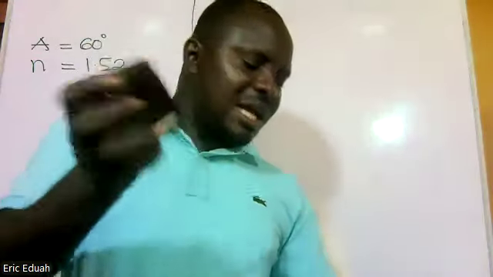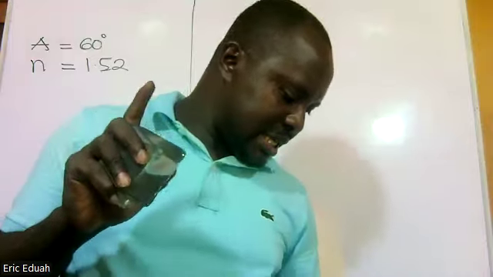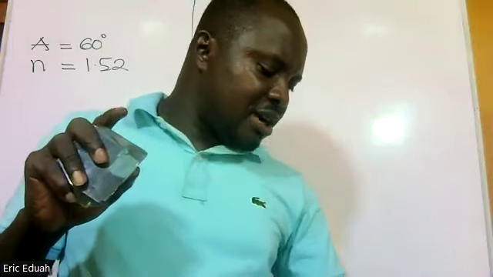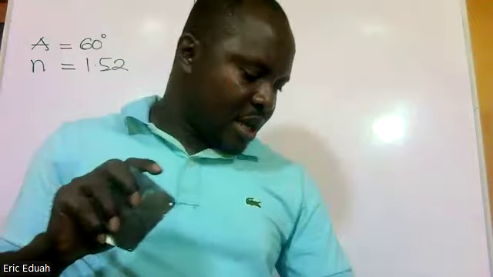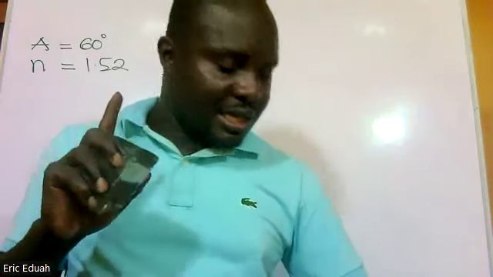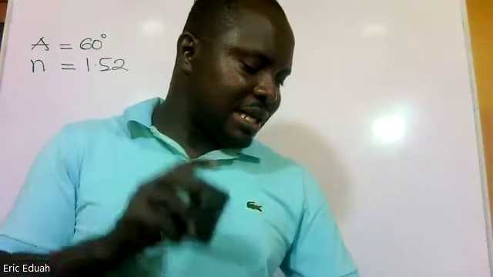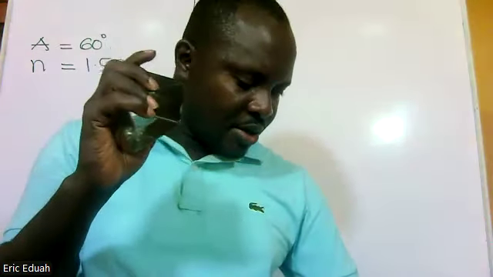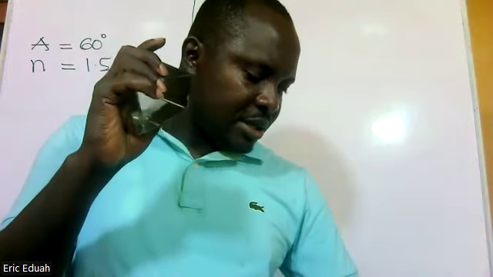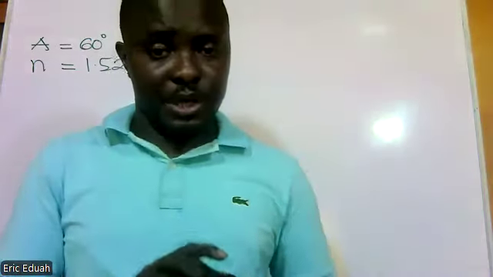So we are given a similar question: if the angle of the prism is 60 and the refractive index of the material is 1.52, calculate the minimum deviation of a light ray that passes through the prism.